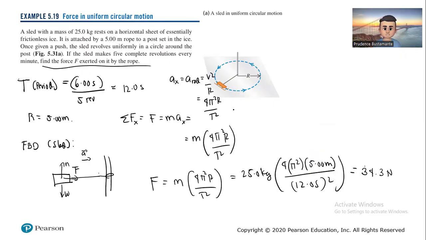By the way, the acceleration is actually equal to 1.37 meters per second squared.